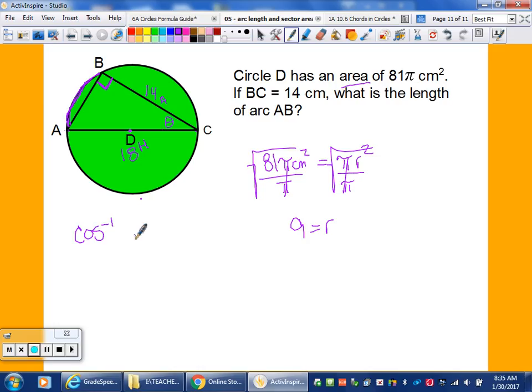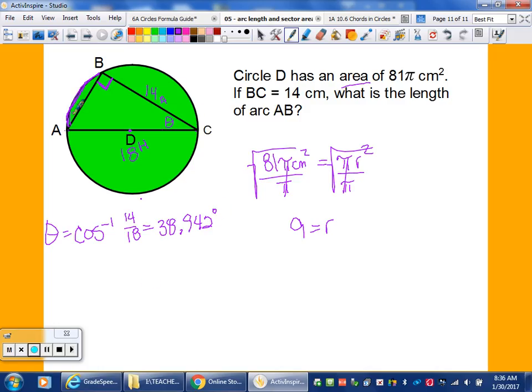So I'm going to be using inverse cosine of 14 over 18 to get that angle measure of theta. And that gives me an angle measure of 38.942 degrees. Now that's angle C.